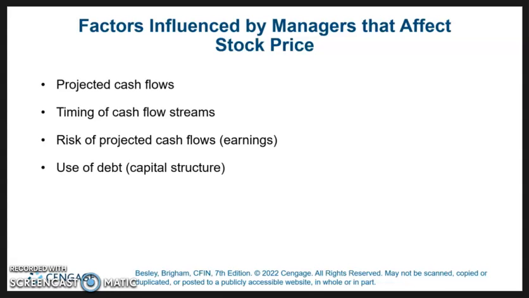So the managers have to find that optimal debt structure that reduces the firm's cost of capital, but at some point, the company will become overburdened, and the use of debt becomes a negative.